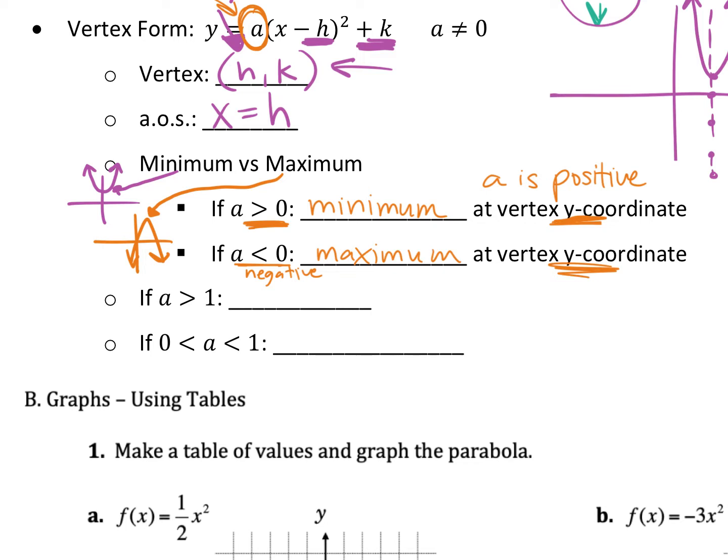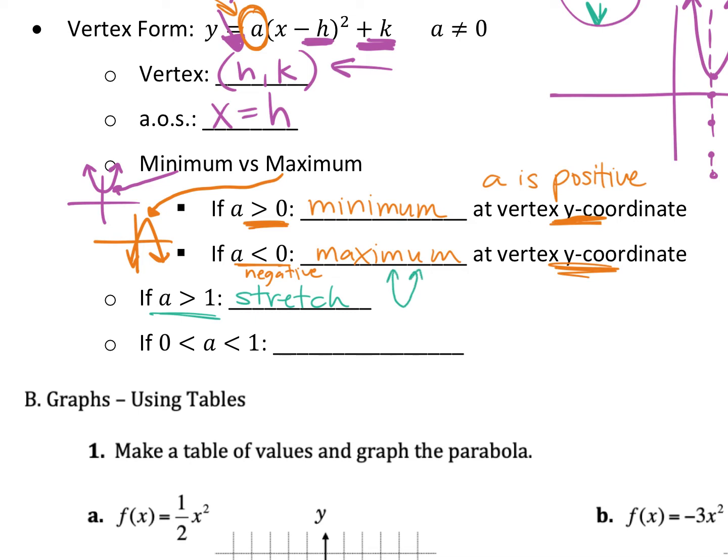All right, then also related to your A's, if your A is a number greater than 1, so not a fraction between 0 and 1, we call it a stretch, meaning it gets real narrow and it stretches up or it stretches down, okay?